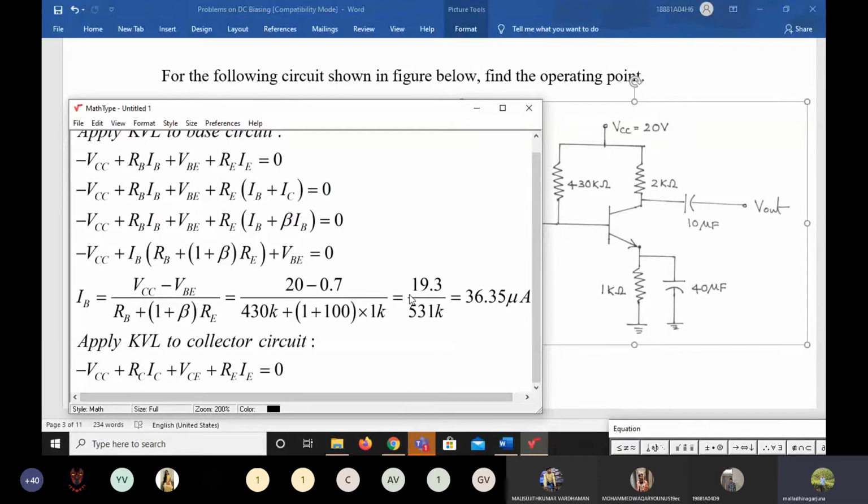So now, to calculate the operating point, what you have to calculate is VCE.